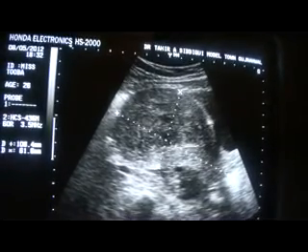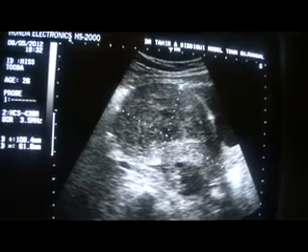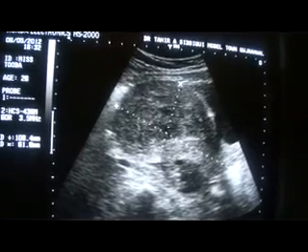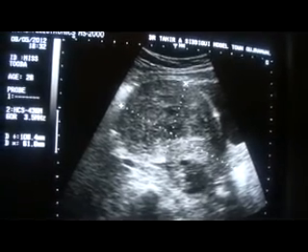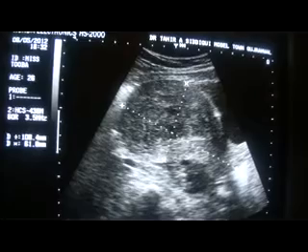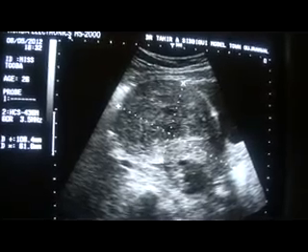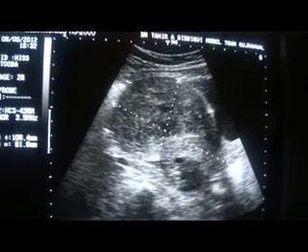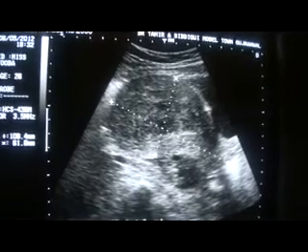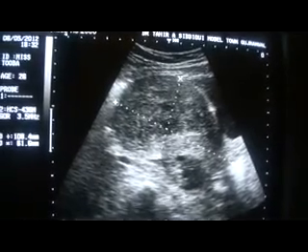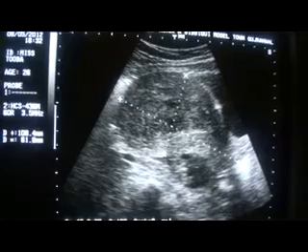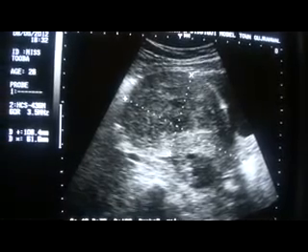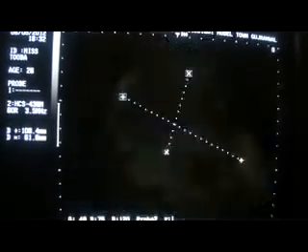Moreover, you can see that the mixed echo thick material is seen within the dilated endometrial canal. Just focus on the endometrial canal at present and don't look at any other region.